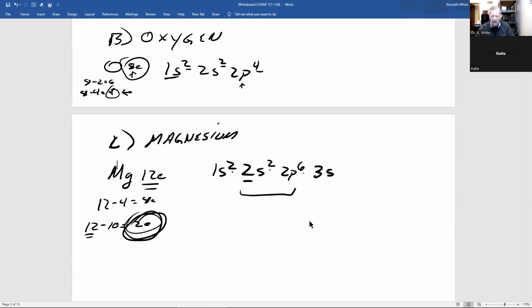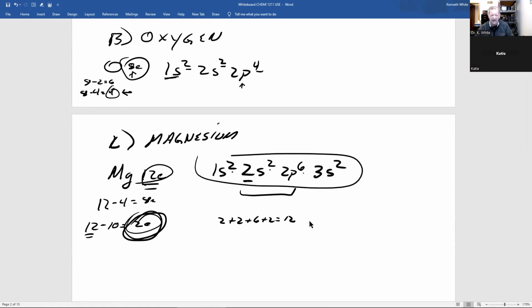The maximum number of electrons I can put in any s subshell is 2. And let's look at this: 2 plus 2 plus 6 plus 2 equals 12. I need to do 12, and here's our answer: 1s2, 2s2, 2p6, 3s2.